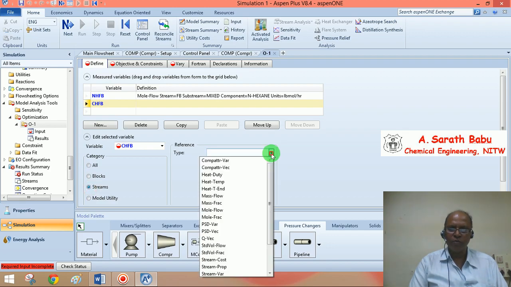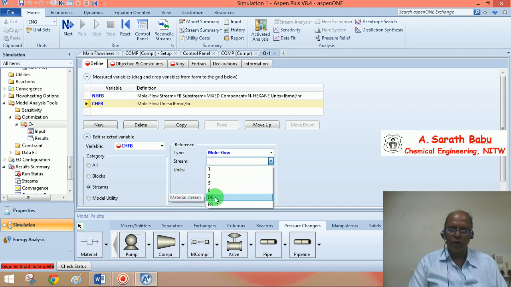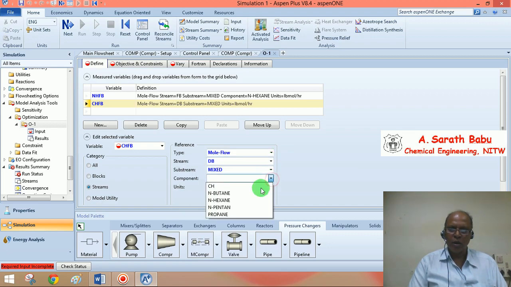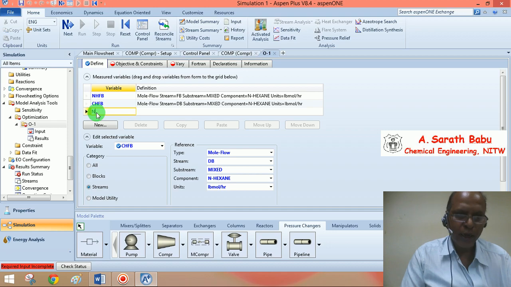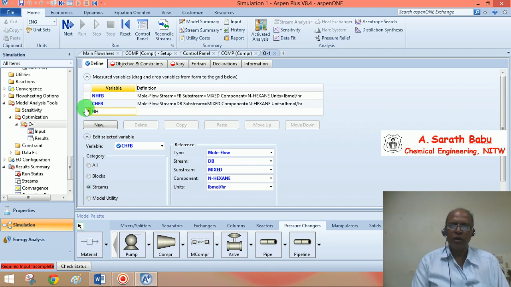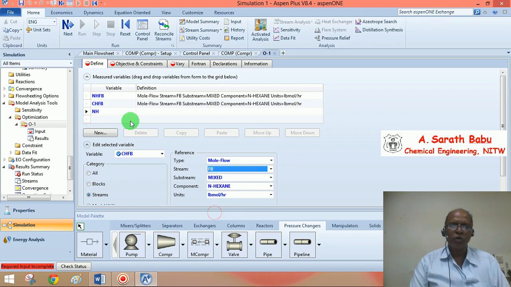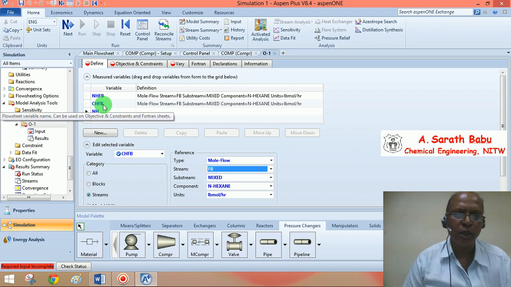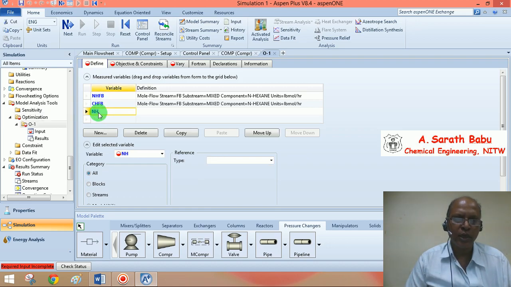Again, it's a stream variable. Mole flow. Stream FB. Component is cyclohexane. So these two, NHFB and CHFB, represent the molar flow rates from the bottom of the flash column. Similarly, NHDB, N-hexane in the distillation bottom.